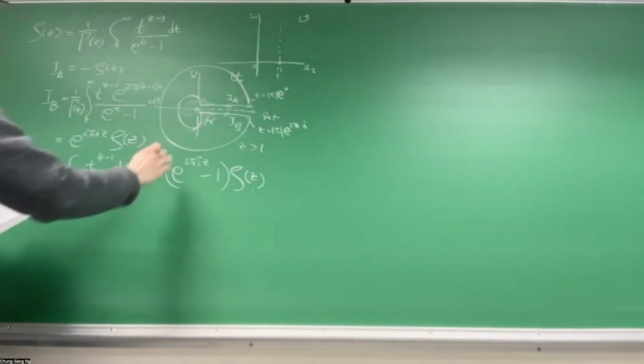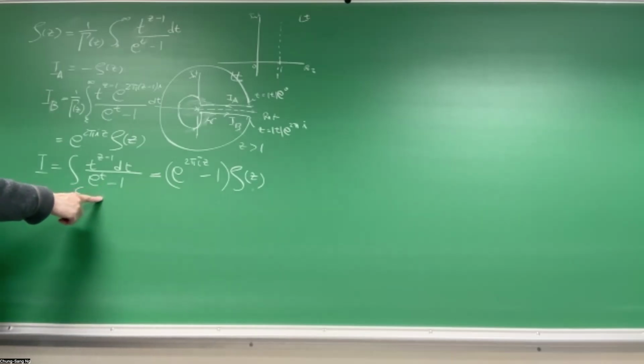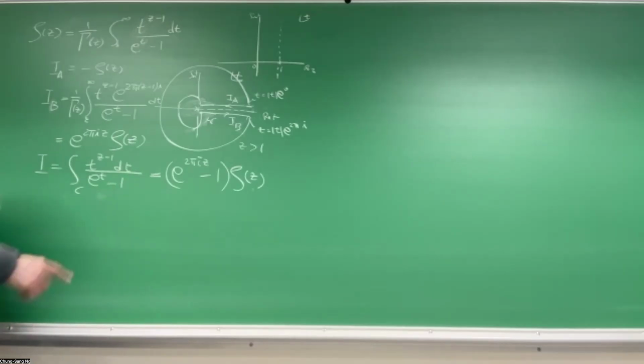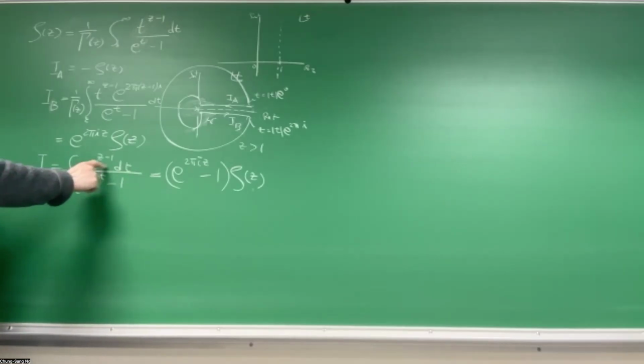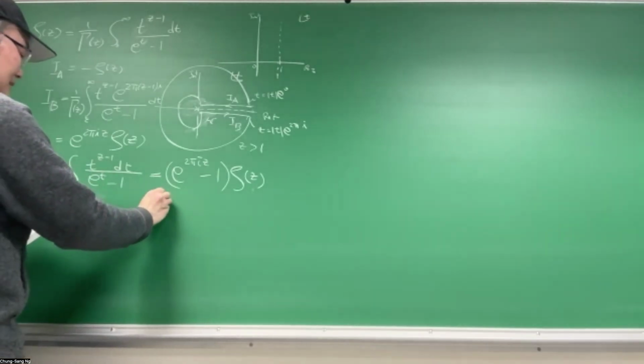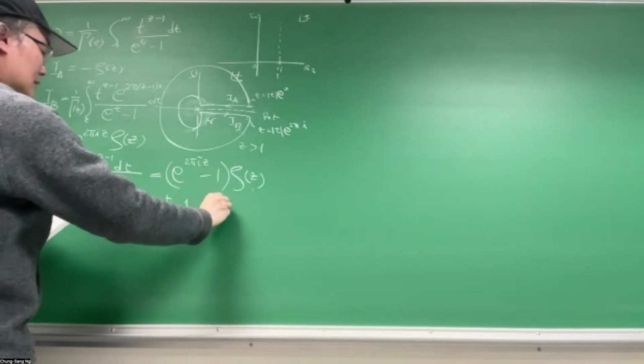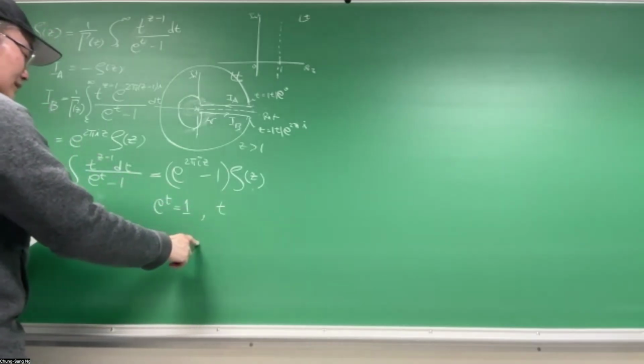But the idea is you want to figure out the poles of the integrand. You can see there are poles, right? What are the poles from this one? The denominator goes to 0, right? So e to the t equals 1. Then what is t? t is 0, yeah, right.